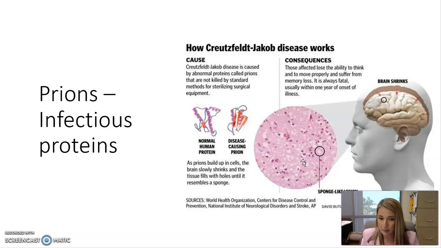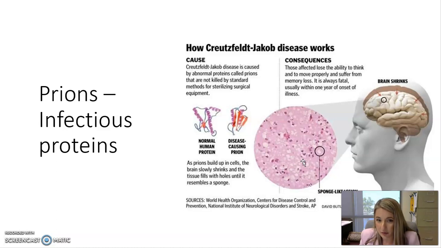It has also been transmitted through contaminated surgical instruments because it doesn't die or become inactive in response to standard sterilization practices, which typically would be putting the equipment in the autoclave at 121 degrees Celsius for 15 minutes. That wouldn't get rid of the prions.